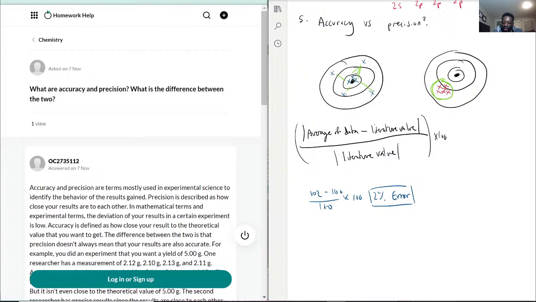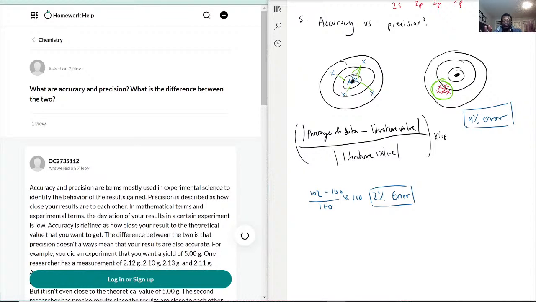So in the accuracy one, it'd be like 98 degrees plus 100 degrees plus 102 divided by 2. But this one would be like 104 degrees constantly. When you do the math, it'd be like 4% error. So this one was less accurate.